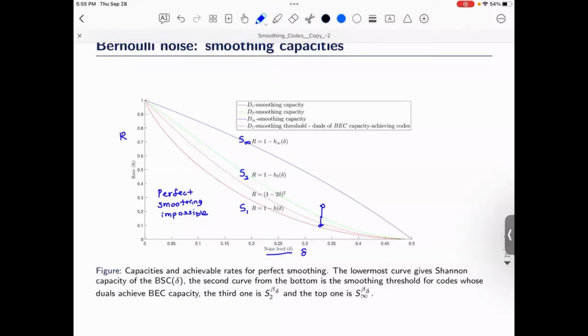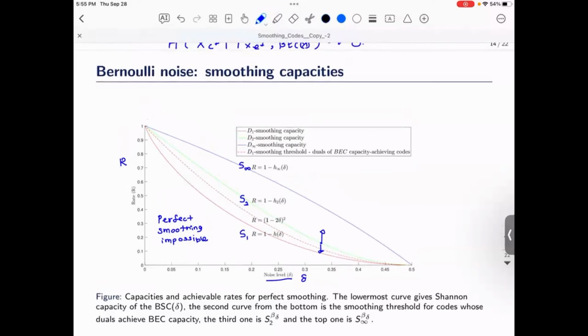And we earlier proved that with random codes it is possible to achieve perfect smoothing above this curve. But with the previous theorem, we know that the duals of capacity achieving codes in erasure channels achieve this smoothing capacity whenever they operate above this graph.